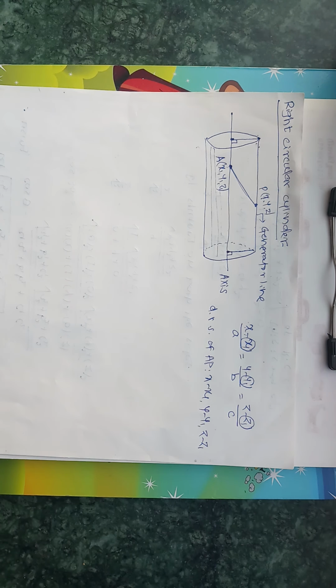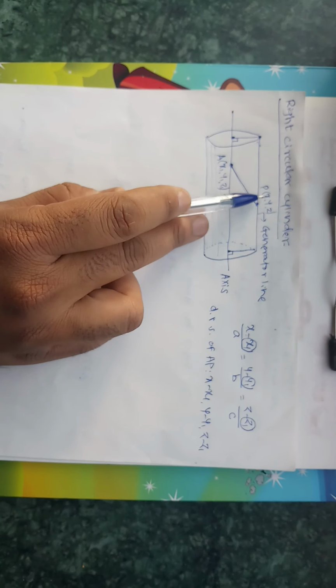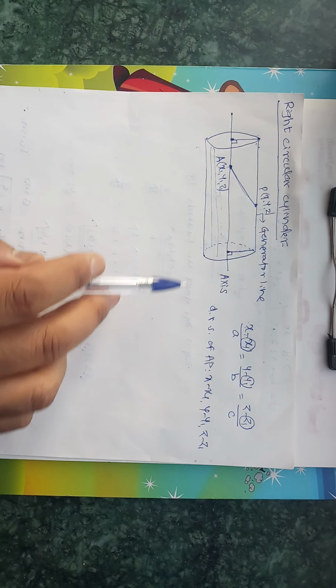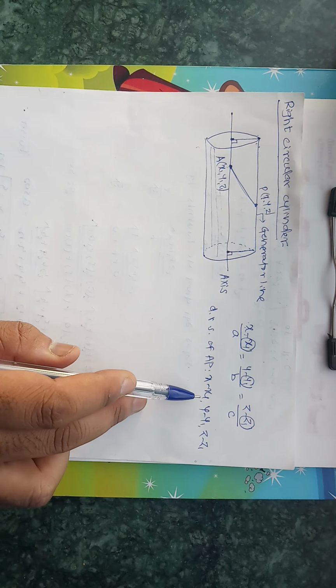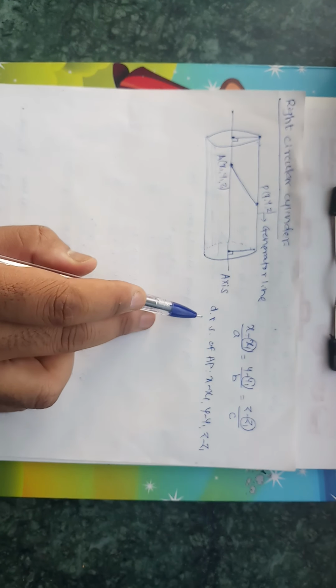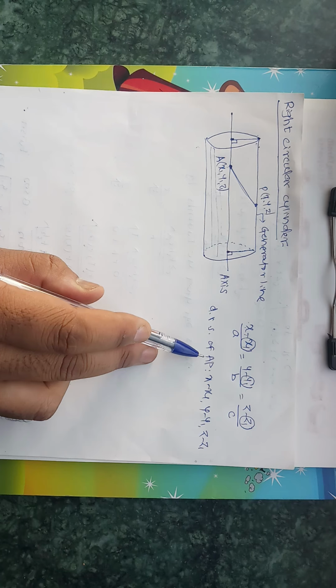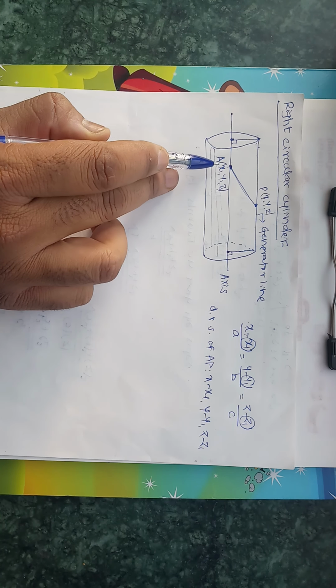So the DRs of AP are x minus x1, y minus y1 and z minus z1, from the figure.